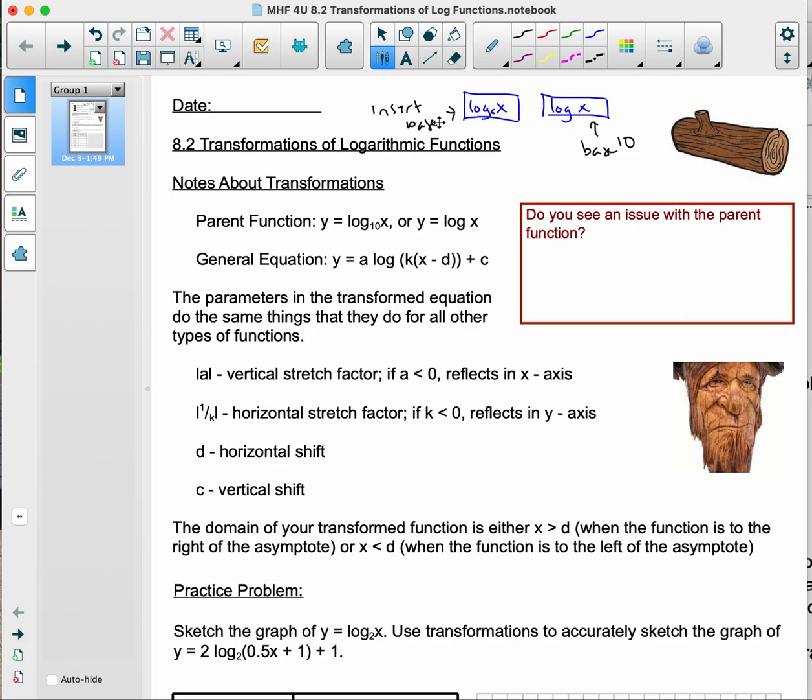The book sort of rolls with the idea that you're going to use the base of 10 as your parent function. The issue with that is that it is really hard to work with. If you start applying stretches and compressions to something that's increasing by the order of 10, your graph gets really unmanageable very quickly.